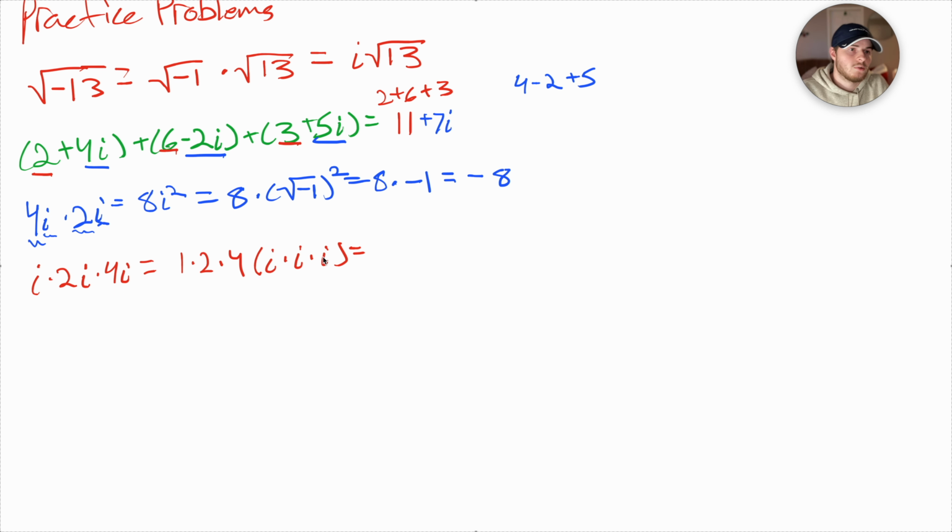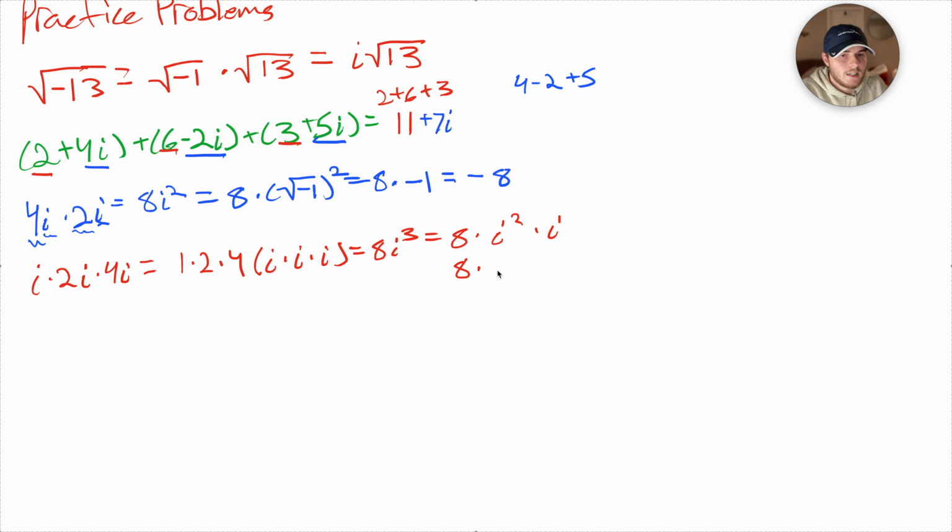Okay, 1 times 2 times 4, that's 8. i times i times i, that's i cubed. And we've already expressed before that i cubed is saying the same thing as, let's double check here, yep, negative i. And we can express that in this way. So say you have 8, which is the real numbers, and you're going to have i squared times i. That might be an easier way of just kind of breaking it down.